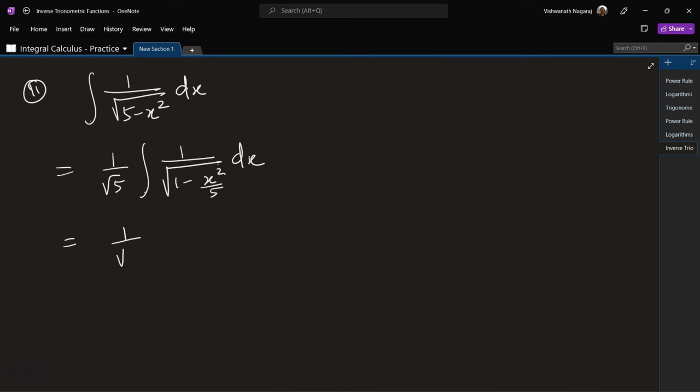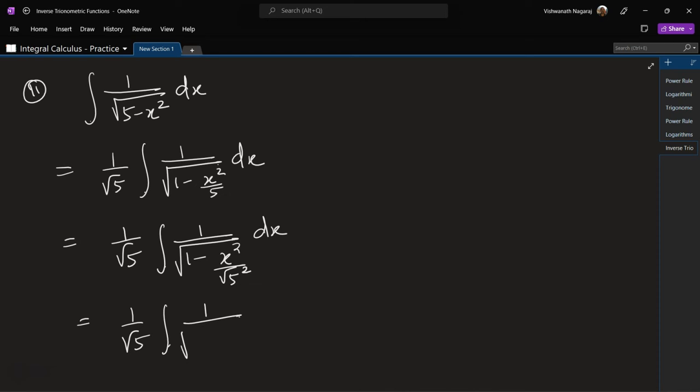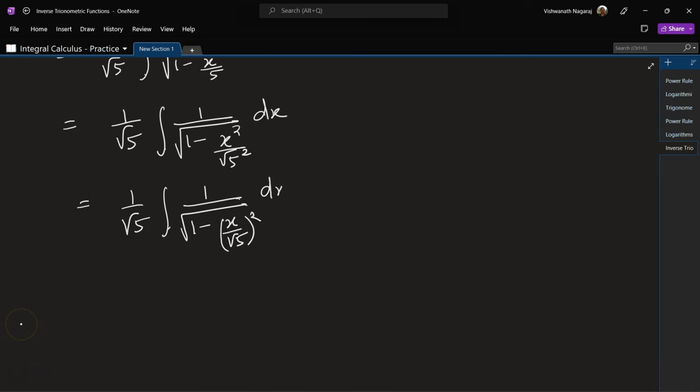Now, in both numerator and denominator we have to convert it into a square. Numerator anyhow is a square. So x square by square root of 5 square, we can write it like this. So this becomes 1 by square root of 5 integral of 1 by square root of 1 minus x by root 5 square dx.